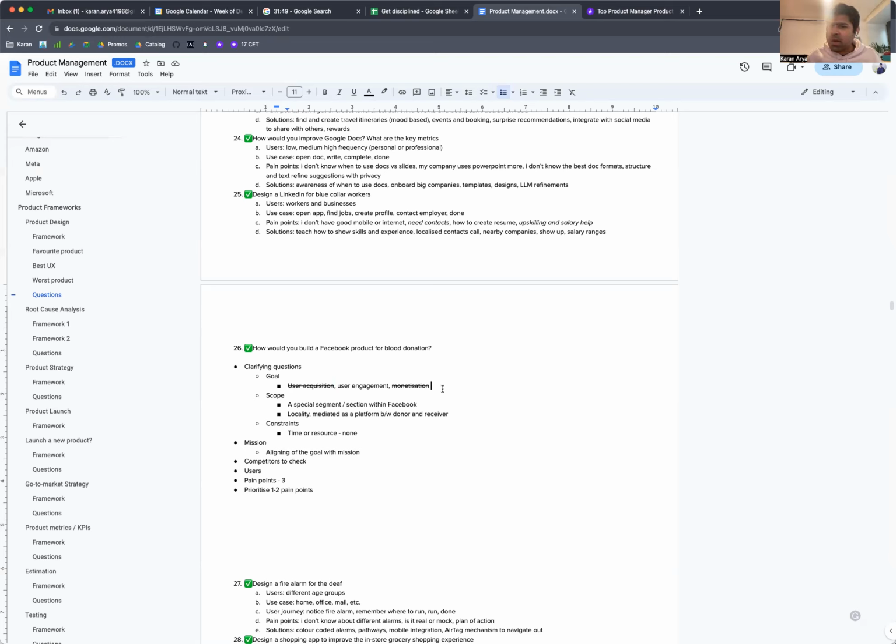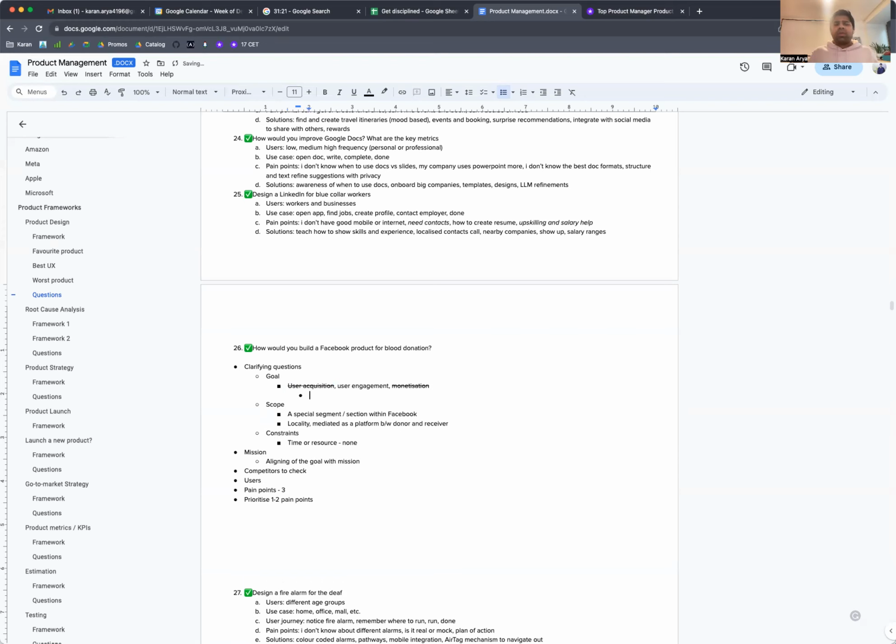And with this blood donation cause, we can increase the number of views, interactions, RSVPs on the pages, and there could be a potential interaction between the organization, like a hospital, and the user. And it essentially creates more page views, time spent on Facebook platform, and essentially increases the user engagement, which feels like a very good goal. So let's prioritize the goal as user engagement.